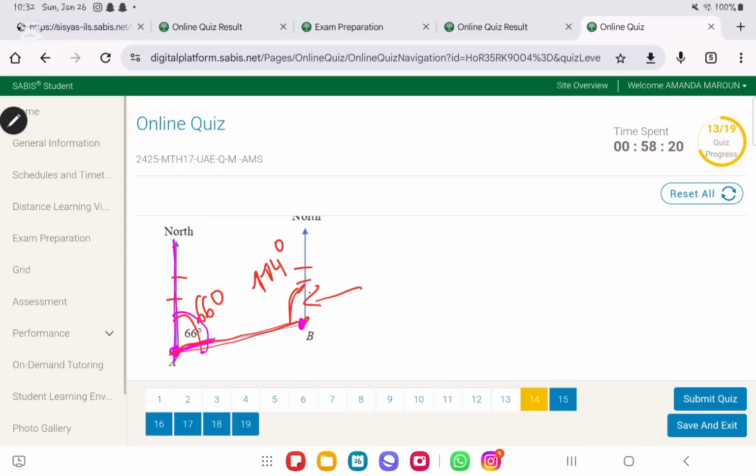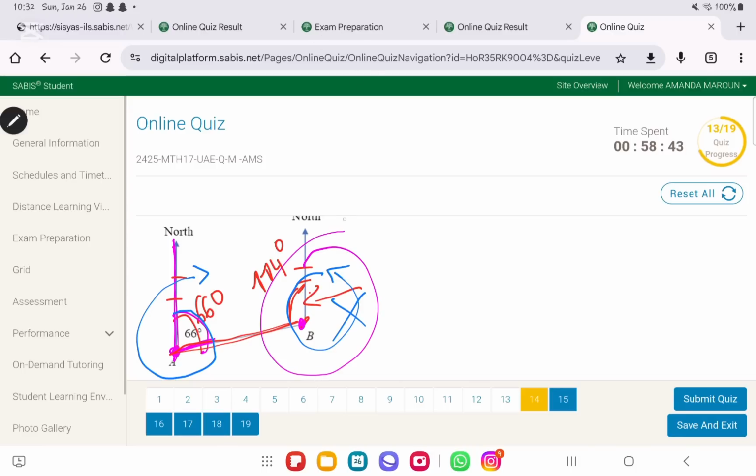But here there is something that makes you confused. If you pay attention, originally it was going in which direction? In the clockwise direction. But here in this case, it's going in the counterclockwise direction. And we do not need it in the counterclockwise direction. Actually, we need it in the clockwise direction.